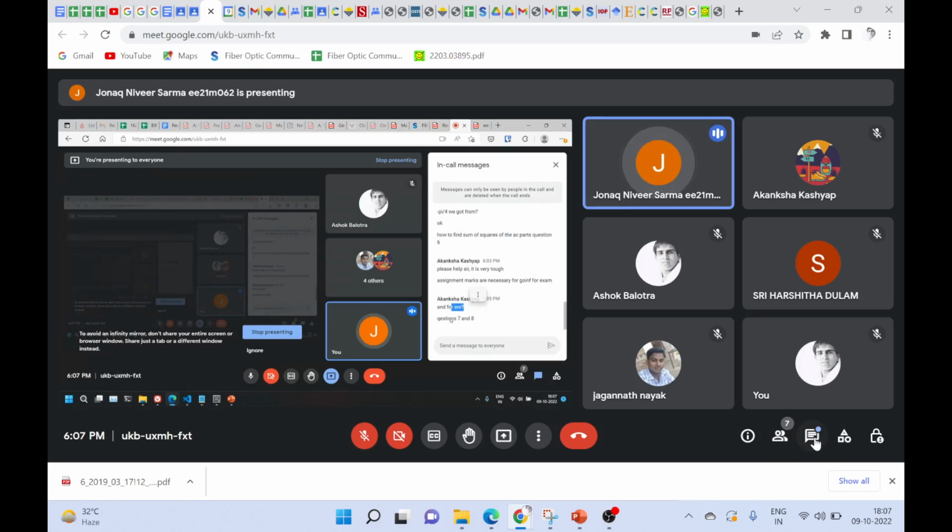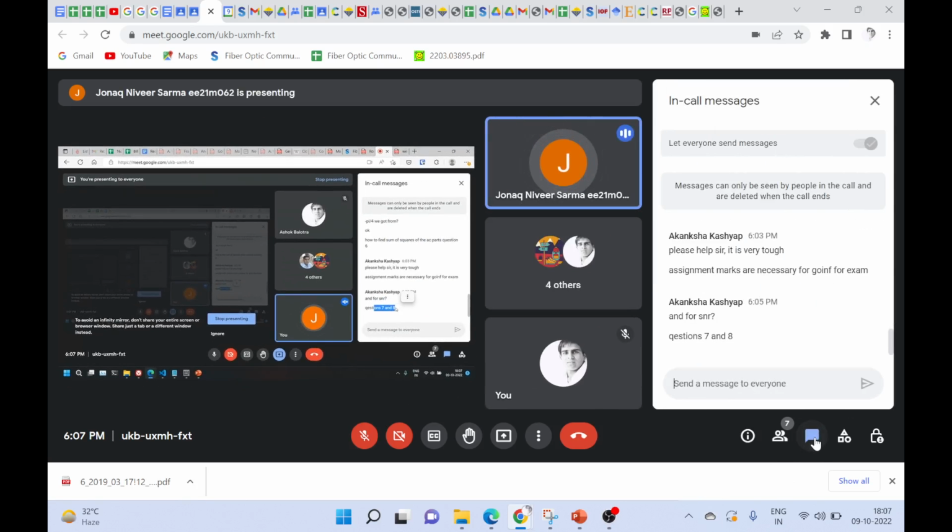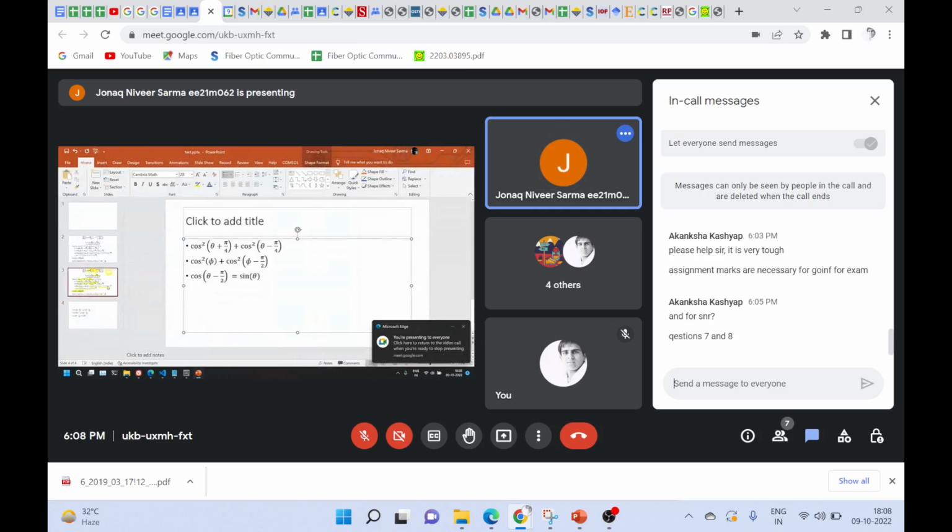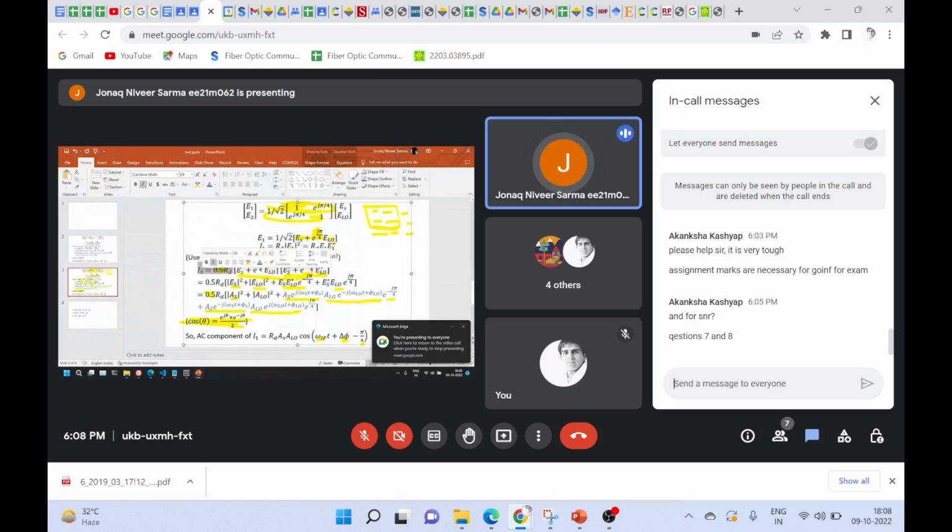And for SNR, I think some previous weeks had covered this photo detector part, but here consider noise power to remain the same, and signal power is just the resultant. This is a signal, that's all.